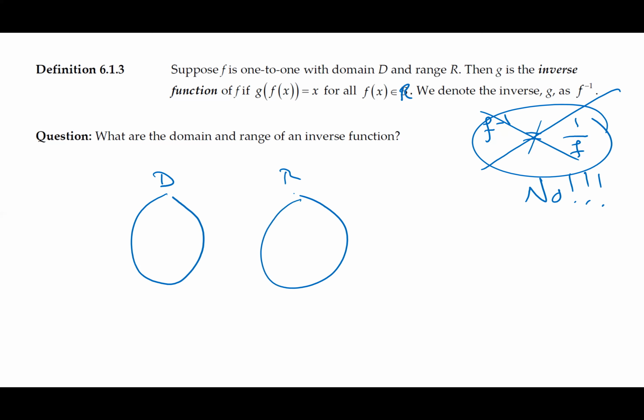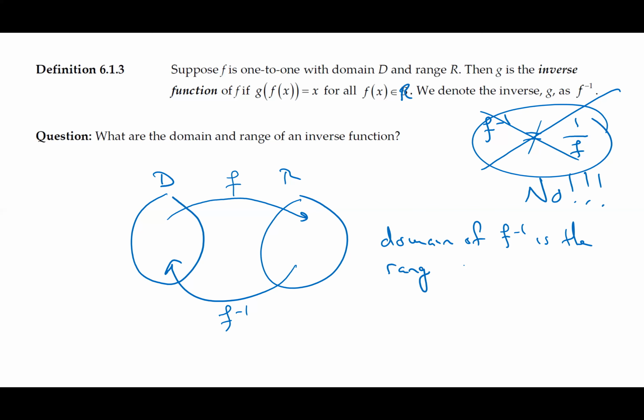The function maps D to R, and the inverse maps R back to D. So the domain of F inverse is the range of F. The range of F inverse is the domain of F. Okay?